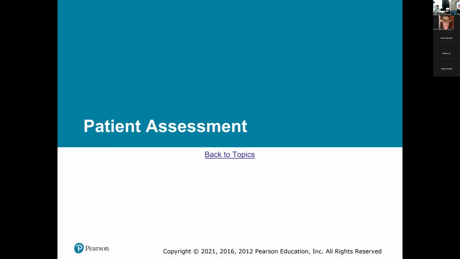Think about what you do in your primary assessment. What's your focus? ABCs, right. Or if you want to go with whatever those long things Brandon was going over, you can go with MARCH. So massive hemorrhage, airway, respiration, circulation, and then back to, is there any minor bleeding that's going to cause them to bleed out? Head injuries, stuff like that.